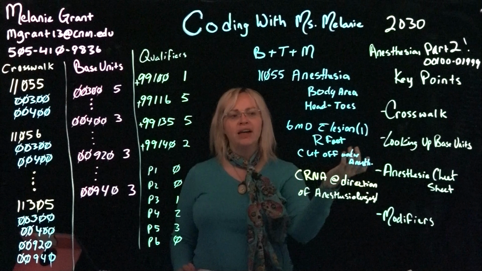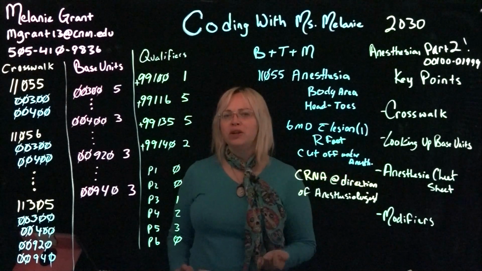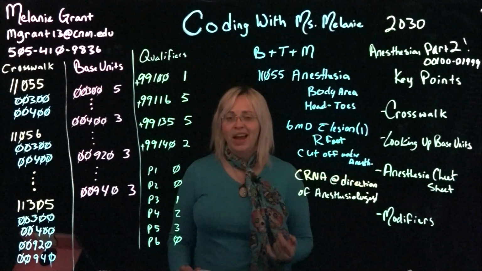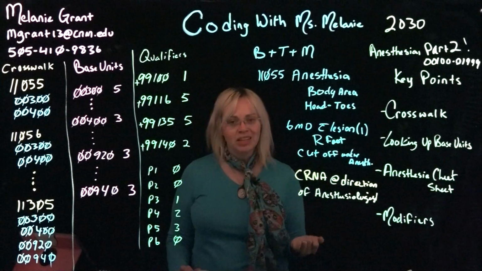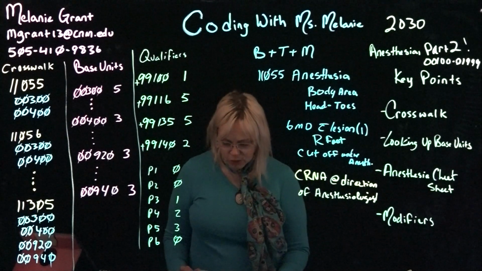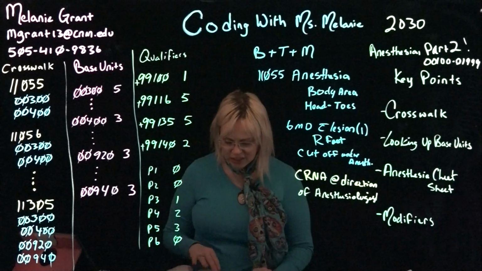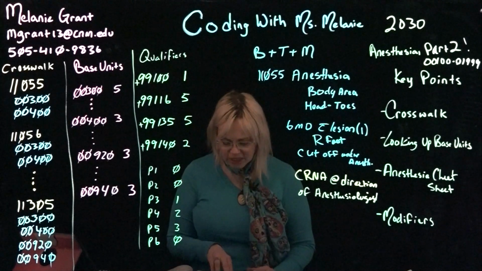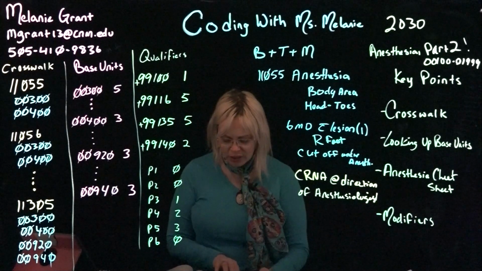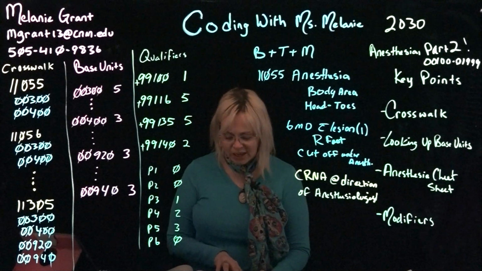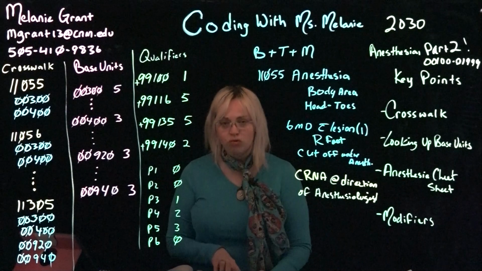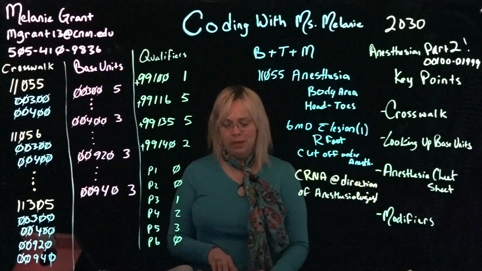So I know that if a lesion is removed from the right foot, that's not going to be the head, neck, or posterior back. I'm going to keep going. For the next one, 00400, anesthesia for procedures of the integumentary system on extremities, anterior trunk, and perineum, not otherwise specified. In this one, I can see that extremities is referencing the limbs.